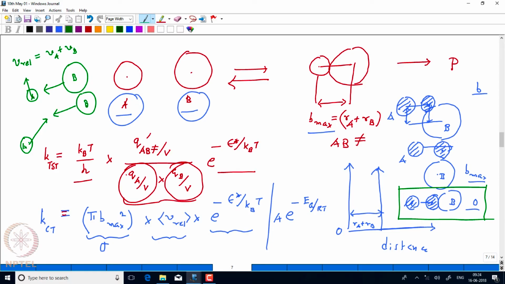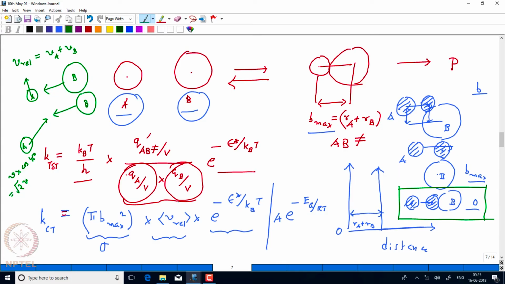But if we have a 45 degree collision, and if the atoms are of the same type, then I have to take the relative velocity not as V plus V, which is 2V, but V into cos theta, where theta is 45 degrees. So I will have basically root 2 into V.